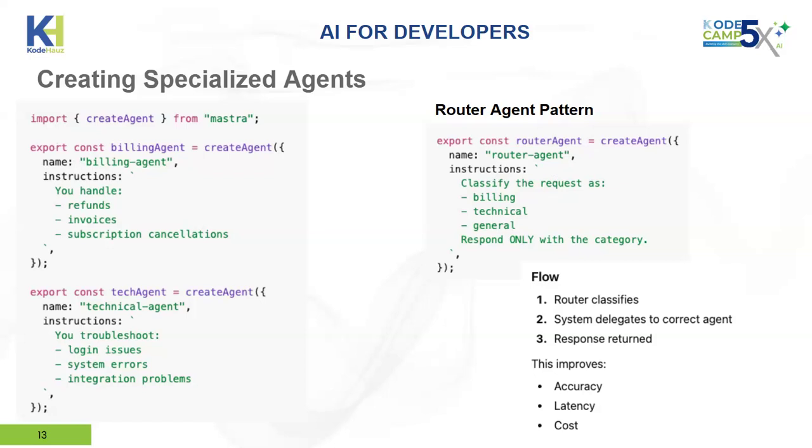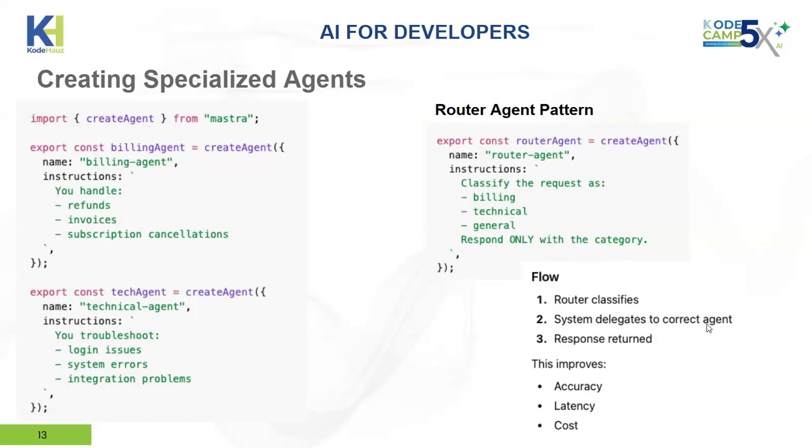Or you can even have an agent registry, where agents come and register themselves with a description of what they can do and their ID. Then you turn that into a prompt that the router agent has, and then it is able to do the routing. So it's able to classify and then delegate to the correct agent by just mentioning the agent's ID.